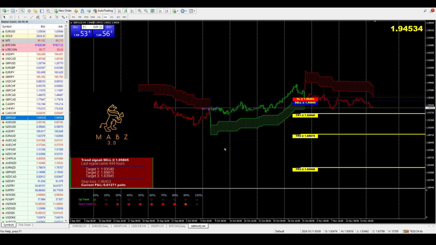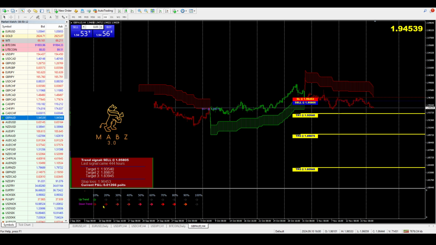And then at the bottom of the screen, this is a very important indicator, because this is the one that shows us which direction the market is intending to go. It detects whether we're in a bullish market or a bearish market, but most importantly, it shows you how strong the trades are.